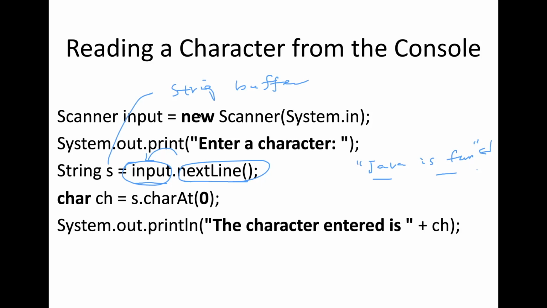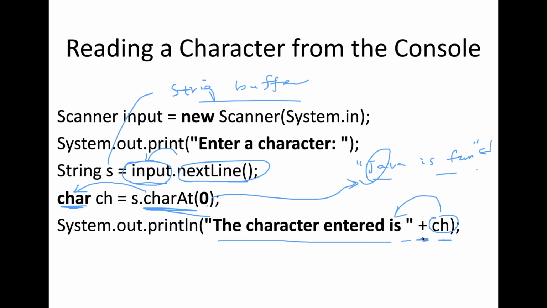And then you can treat this entire string as a string instance and perform charAt(0). This is going to give you J, because at index location 0, you'll get J. So just remember, charAt is a very commonly used method in String, which outputs a char, a 2-byte Unicode. You can also use the concatenation, and this char will be converted into a string, and then you'll have the character "Enter a space J" at the console.